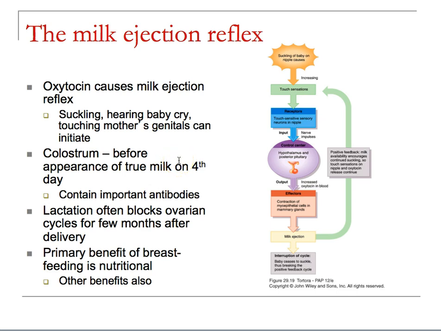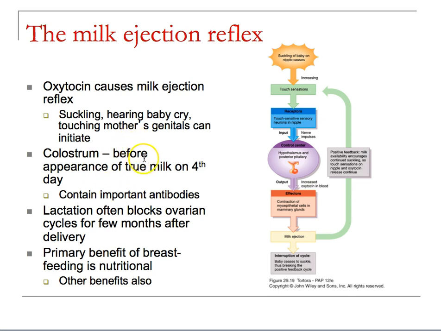The oxytocin that was used at birth also causes milk ejection, and this can be brought about by the actual suckling reaction. You can even hear a baby cry. And what's going to happen, of course, is smooth muscle contraction. The presence of myoepithelium is what allows for the contraction to happen and now let milk down.